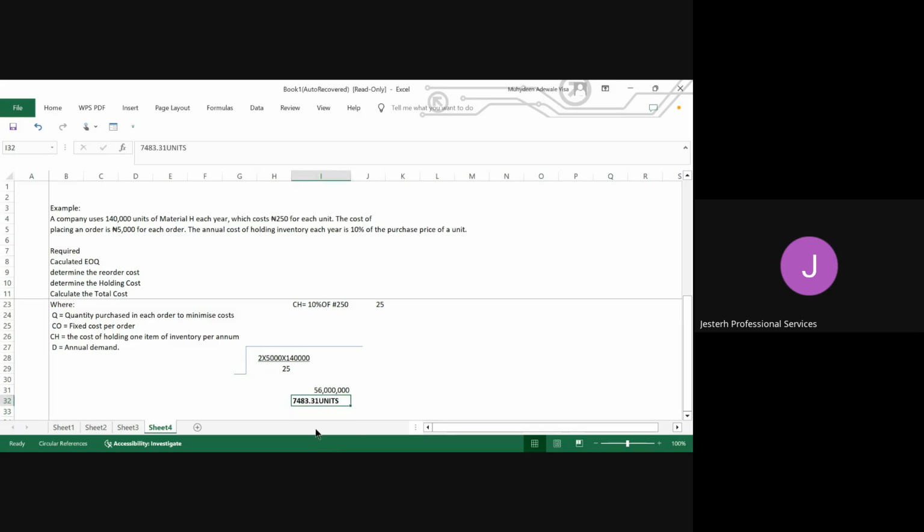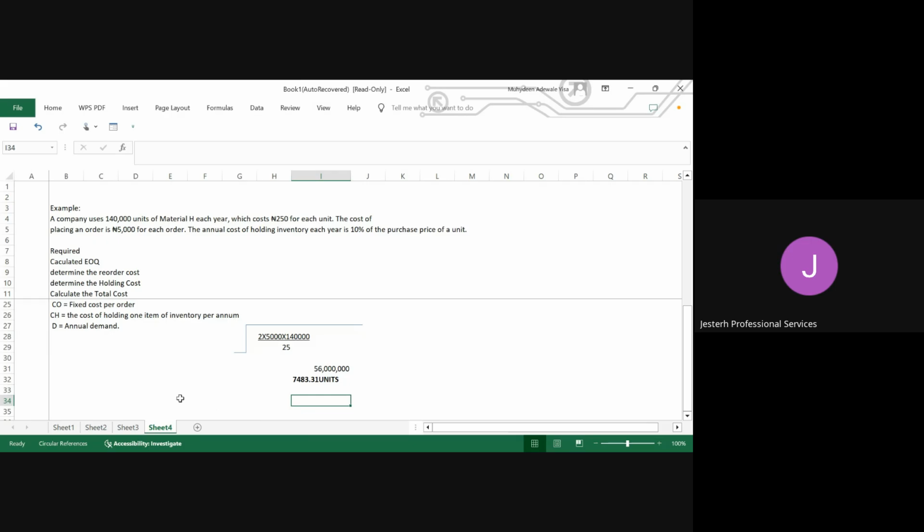Now we want to decide, okay, we want to place 7,483 units. How many times do we need to place it in a year to meet the annual budget of 140,000? That is when we need to determine our reorder cost approach.